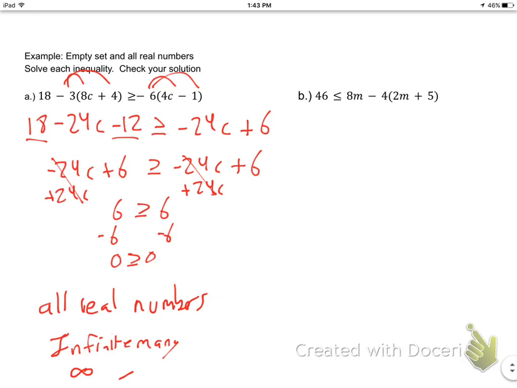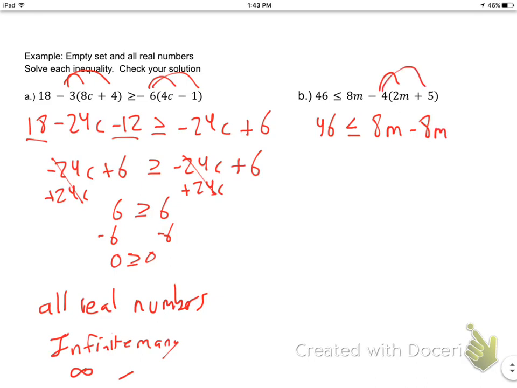So let's look at what happens. If that one's the infinite solutions, then the other one must be for no solution. 46 is going to stay, yes. Less than or equal to 8m, going to stay. What's negative 4 times 2m? Negative 8m.